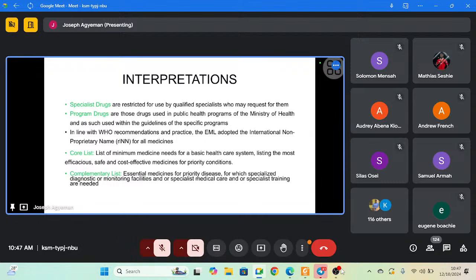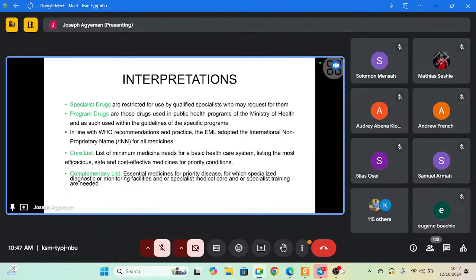Now, always note that when it comes to the essential medicines list, it is recommended that drugs are labeled or written in there according to the international non-proprietary name. You don't prepare an essential medicine list with brand names, no. Likewise, you don't prescribe medications with only brand names.